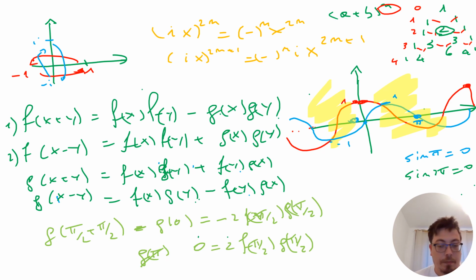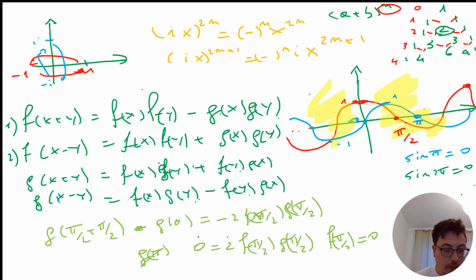Okay, it cannot be g of pi half, so it's actually f of pi divided by 2, and this is equal to 0, which is this point here, pi over 2.